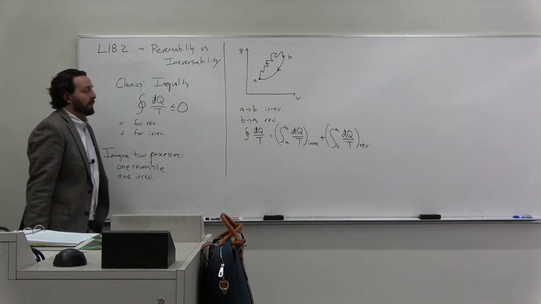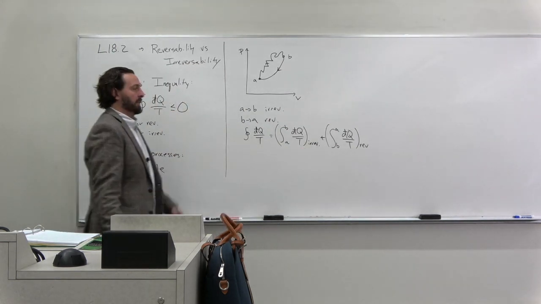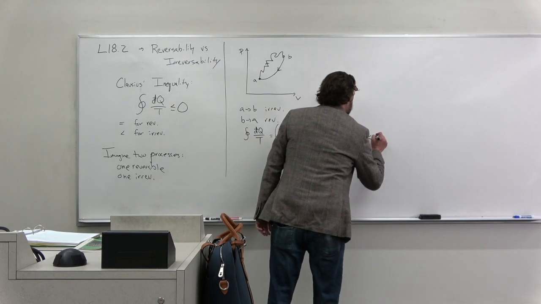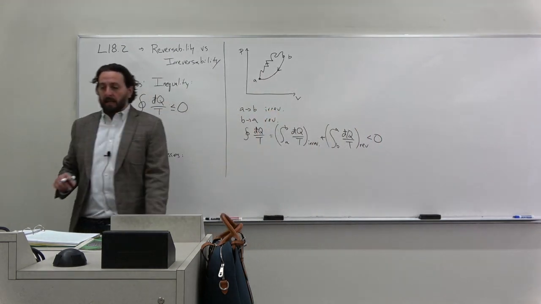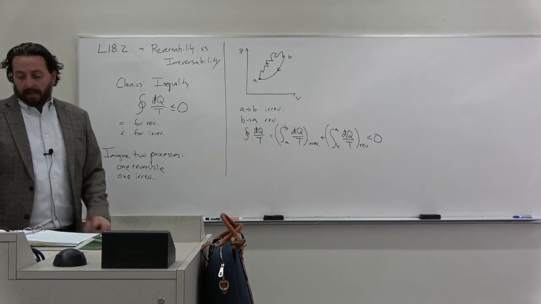Okay, so we have some part which is irreversible, so we know we're going to have the inequality. So that's going to be less than 0.